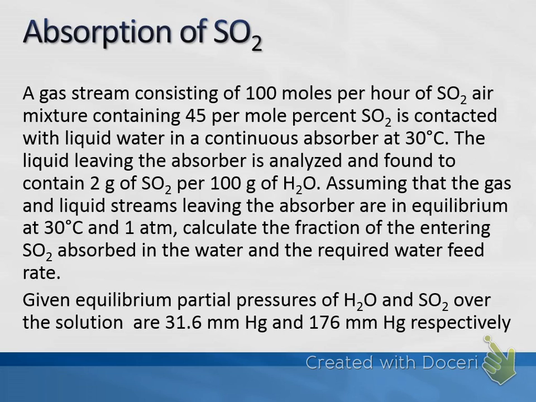So for SO2 and H2O, we know the equilibrium partial pressures. Yes? We can figure out the mole fractions from that. Because we know the total pressure and the vapor pressure of each of these, and it is at equilibrium, so we can calculate the mole fractions of each of these species in the exit gas.